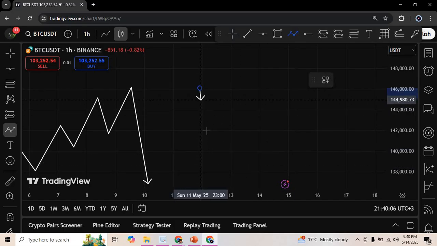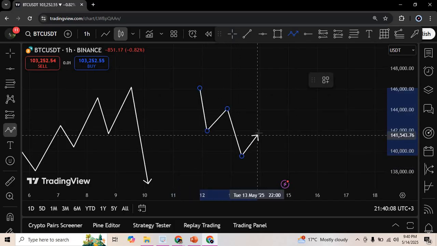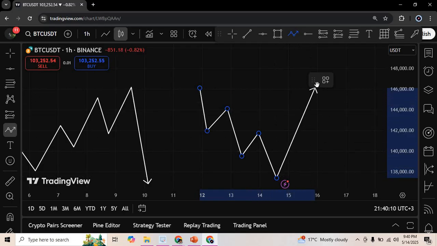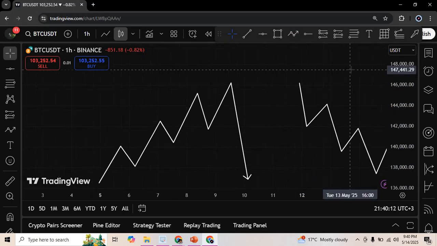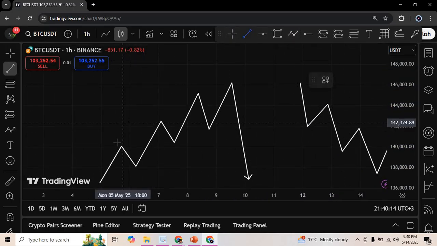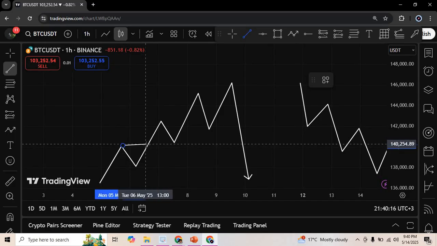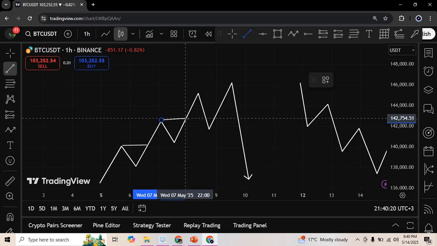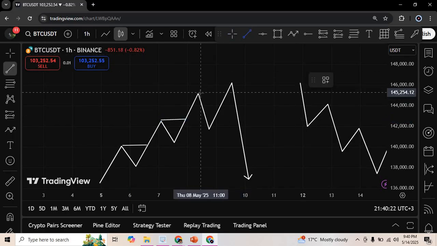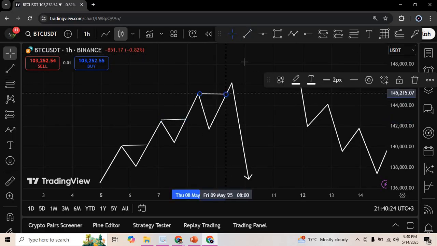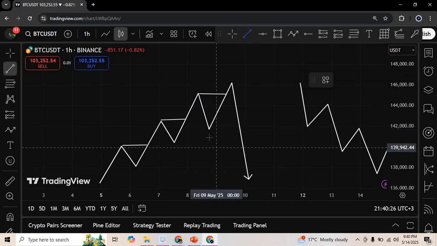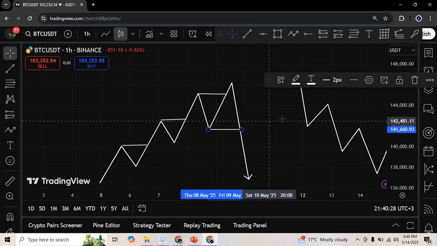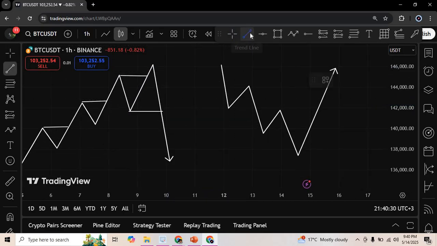I want two scenarios. Can someone tell us the name of this part right here, that one, that one, and lastly this one?